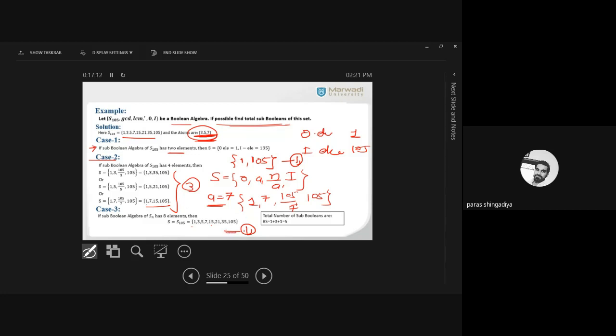And now in case number 3, we can predict only one answer which includes the 8 elements. Okay, so what is the total of the sub-Boolean algebras? That is 1 plus 3 plus 1, okay, that is equal to 5. Clear? So that is the total of the sub-Boolean algebras. We can predict 5 sub-Boolean algebras in S of 105.